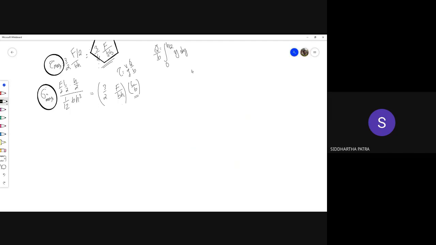If the beam is really slender, so it would be BH squared, so yeah, this, right? F by BH, L by H. FL by BH squared, right?